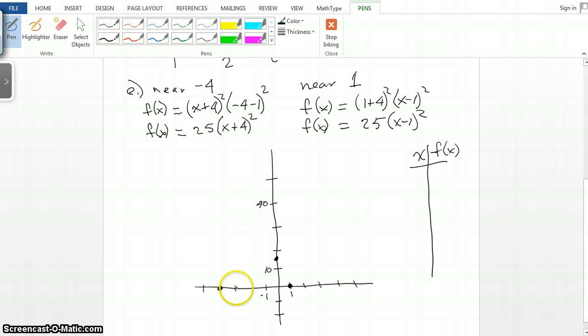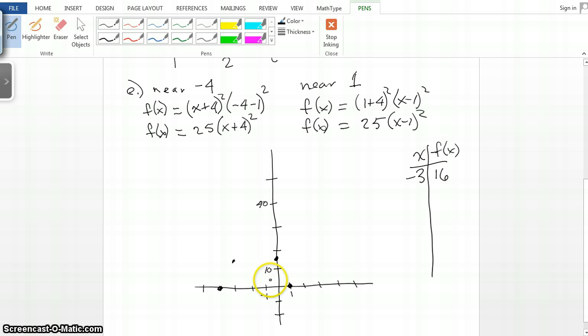If we plug, what is this, 1, 2, 3, let's plug negative 3 in. When x is negative 3, if you plug it into your function, it's going to come out to be 16. So negative 3 and 16, it's about there. It's equal to that one.